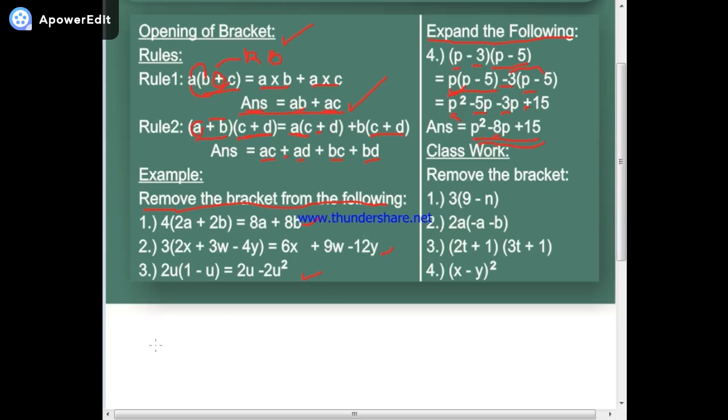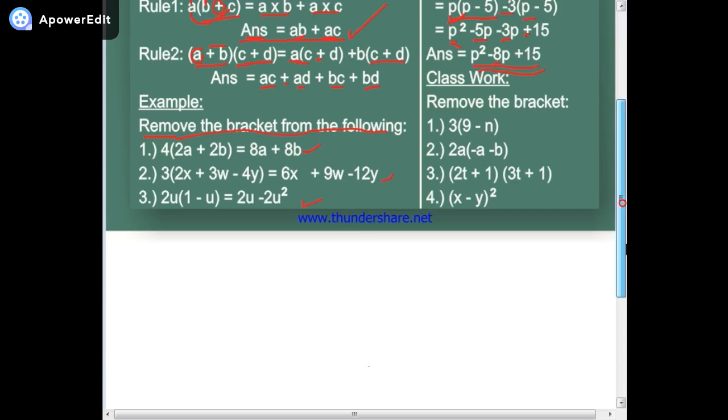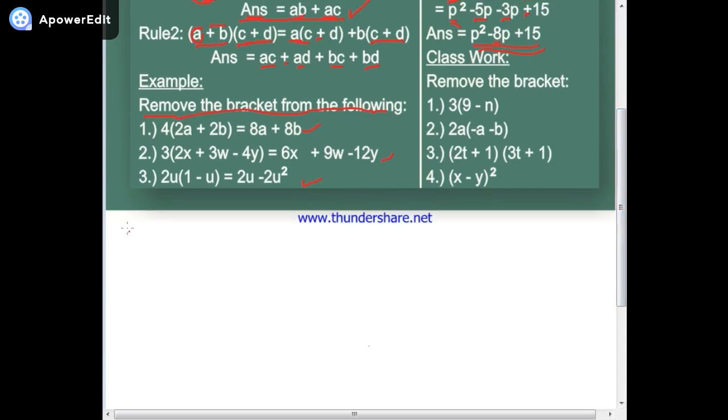Question 1 is 3 into bracket 9 minus n. So how are you going to do this? You first use the one outside to multiply the one inside, which should be 3 times 9, that is 27.